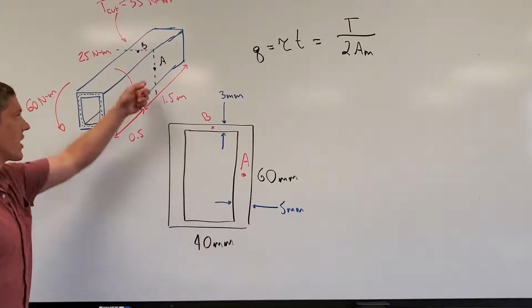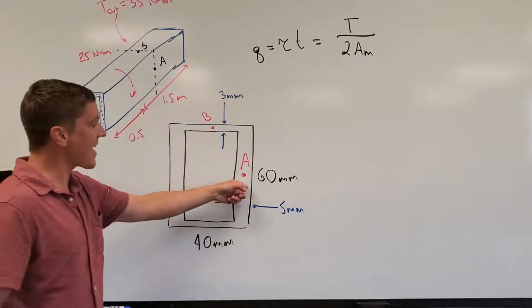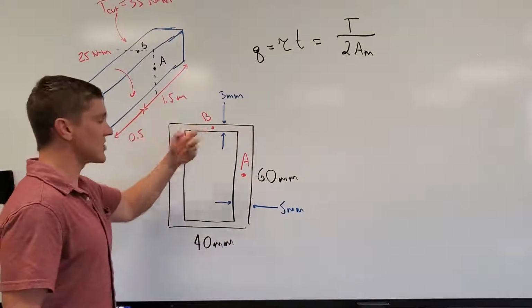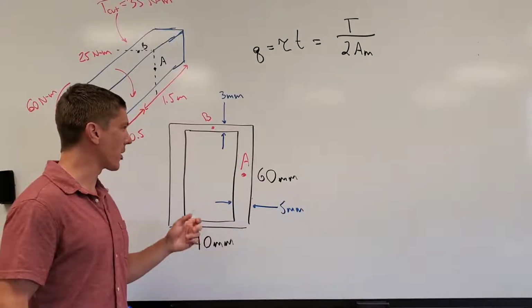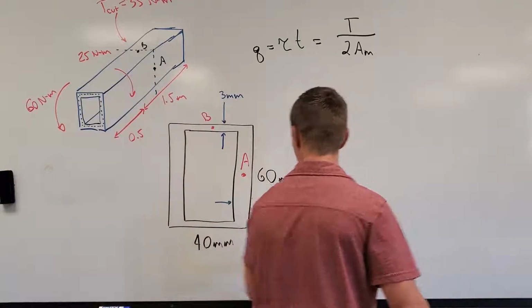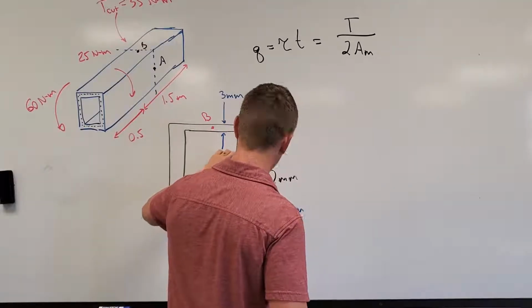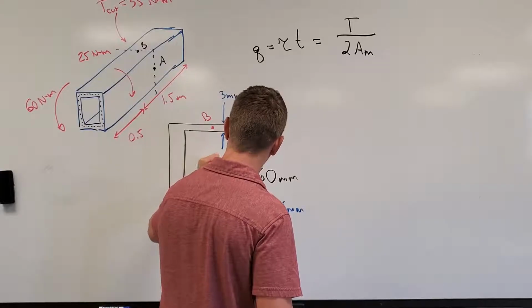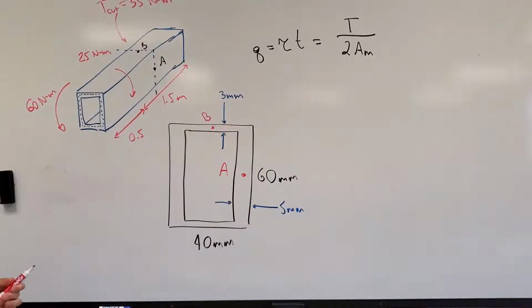I also want you to know from looking at our diagram that A lies in the 5 millimeter thick section and B lies in the 3 millimeter thick section. Okay, so actually I'm going to go ahead and rewrite that A over here. So this is where A is. So there's going to be our wall thickness at our 2 different locations.